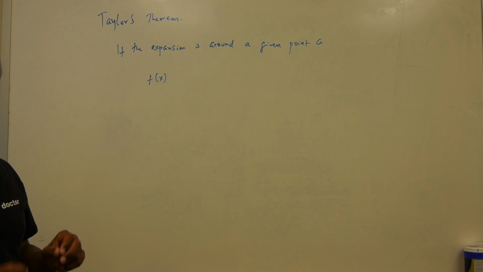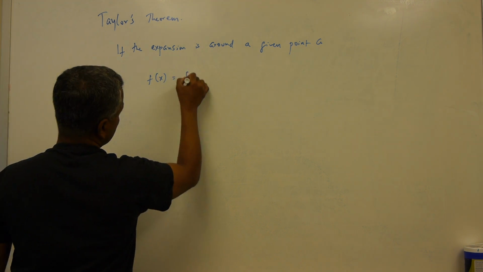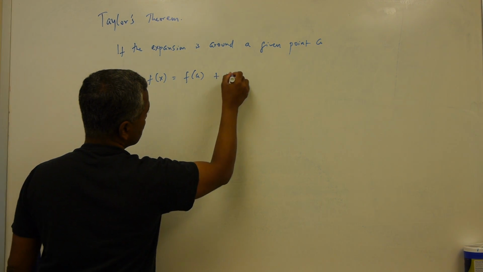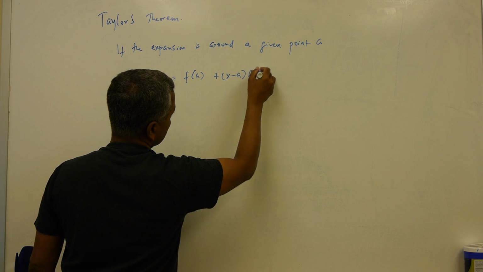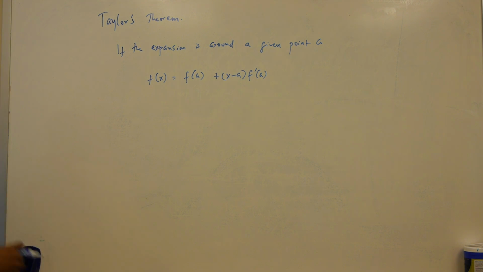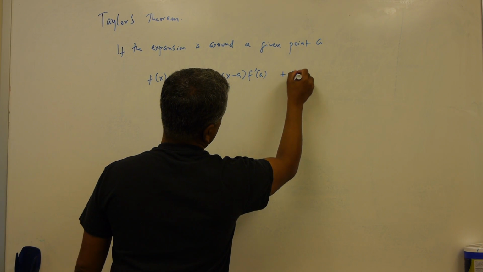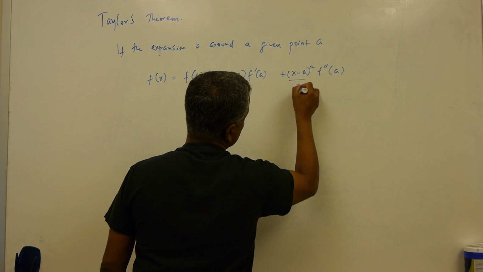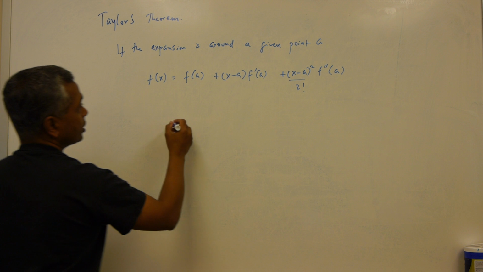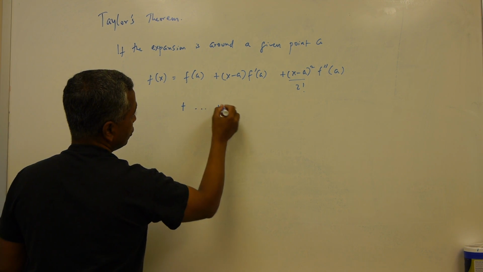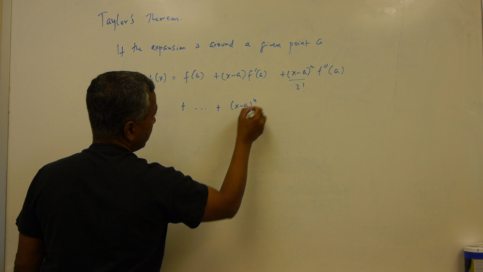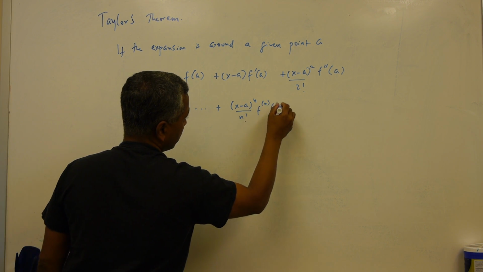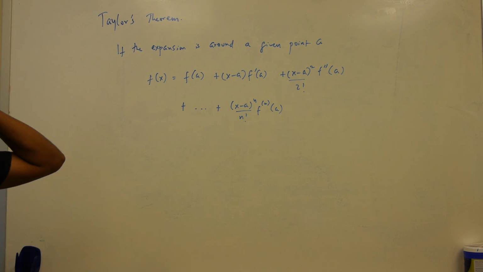Remember, I'm going to expand this around point A. So I'm going to write this as f of A, okay, plus x minus A times f prime at A, okay, plus x minus A whole square, the second derivative computed at A divided by 2 factorial, plus all the way through to x minus A to the power n divided by n factorial f the nth derivative at A. And then there's a residual term again.